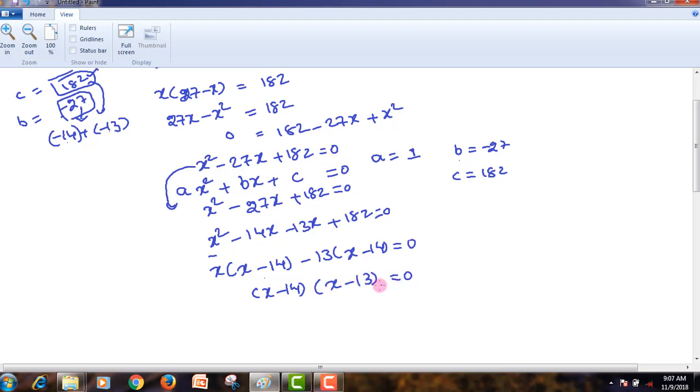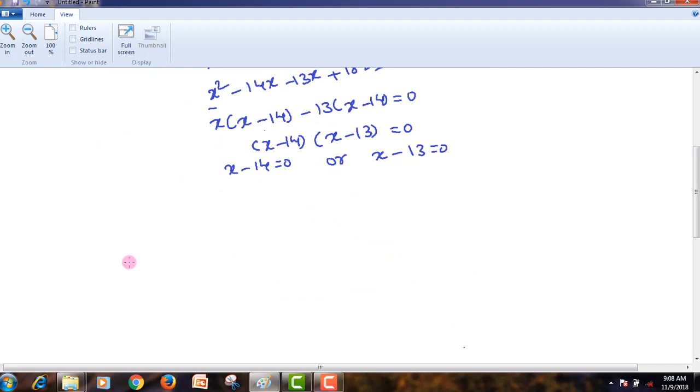Now, as the product of these two terms is equal to 0, either one of them is equal to 0. That means either x minus 14 is equal to 0 or x minus 13 is equal to 0. If x minus 14 is equal to 0, then x is equal to 14, or x is equal to 13.